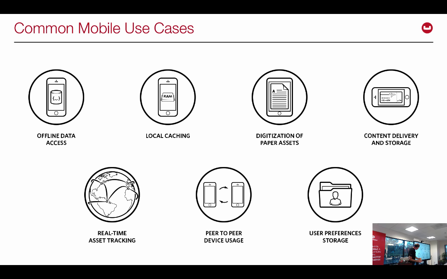Another one I want to highlight that leads to some neat use cases that are just completely not on the radar for enterprise or classic enterprise, but maybe in the future, is the peer-to-peer capability.